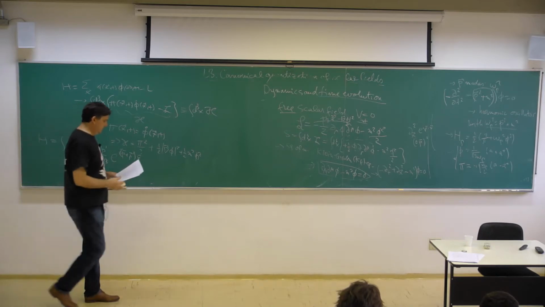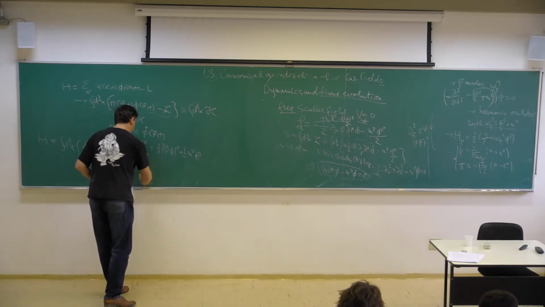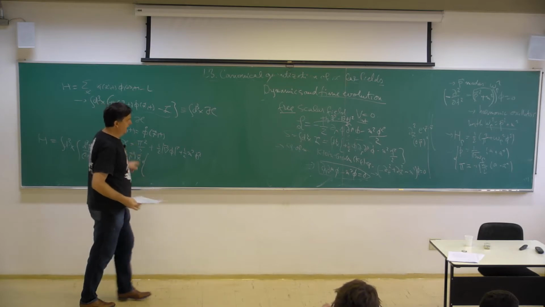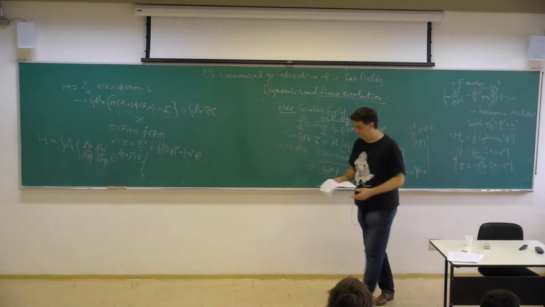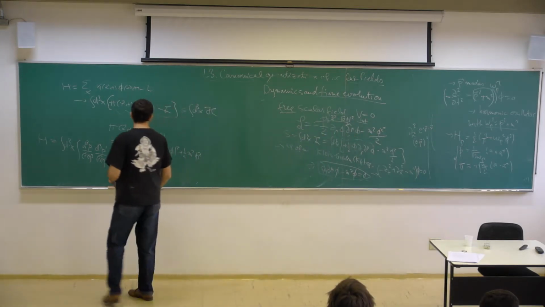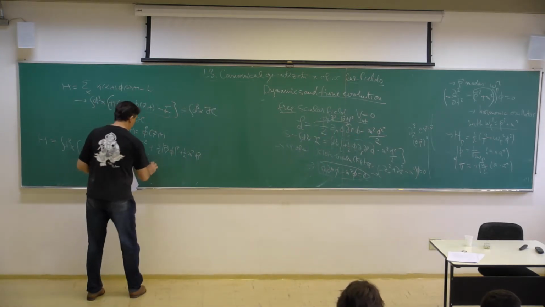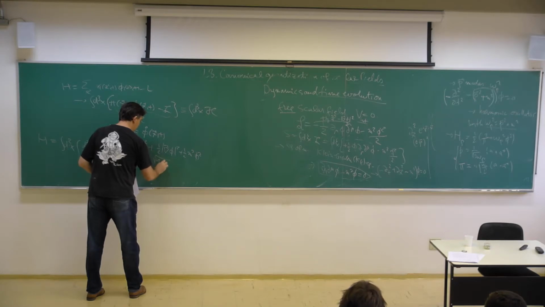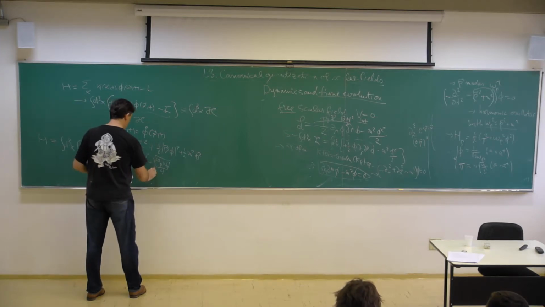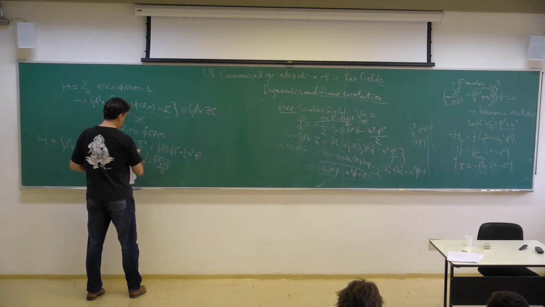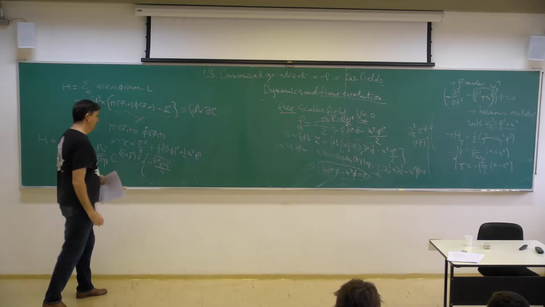Then what? So pi comes with minus i square root omega over 2. When I square that, I get minus square root omega p omega p prime over 4. But then I have also 1/2 in here. So 1/2 with the square root of 4 gives 4 in all.